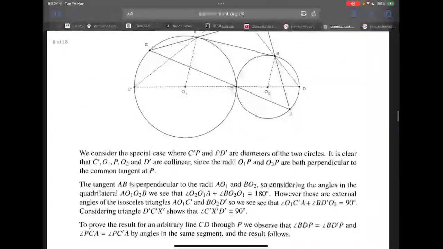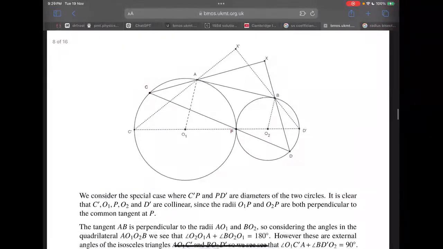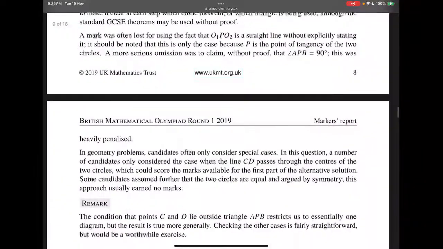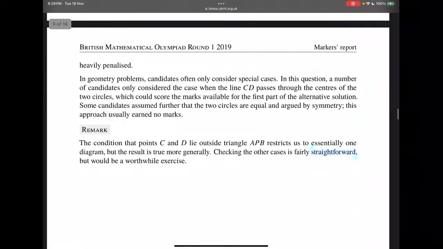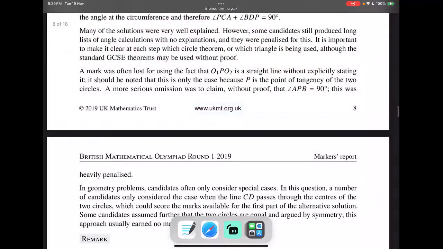I mean, it makes sense that it is a straight line. APB. Okay, yeah, that's fine. So a good solution there.